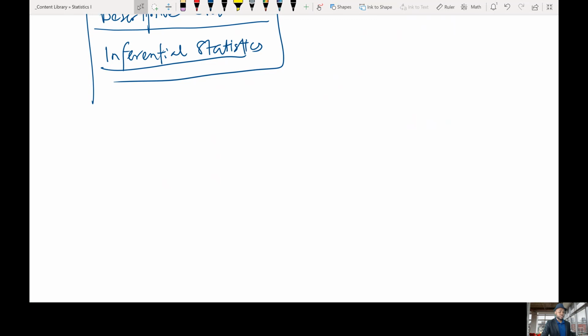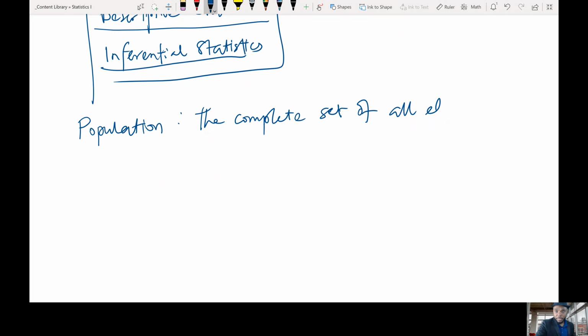Now, one other key, there's so many keywords and terminologies that we'll talk about in this course. One of the keywords you hear us talking about is population. What's a population? So a population is the complete set of all elements to be studied.